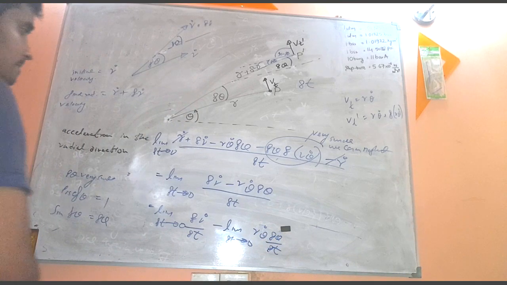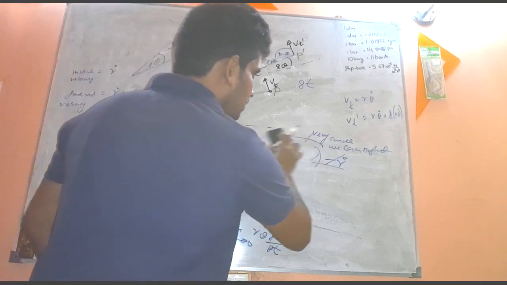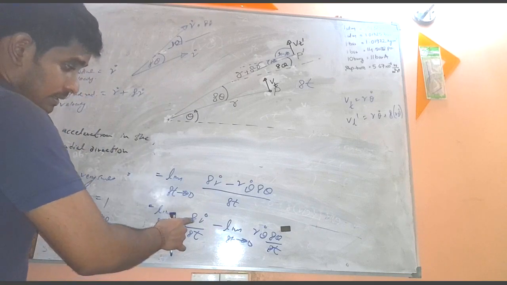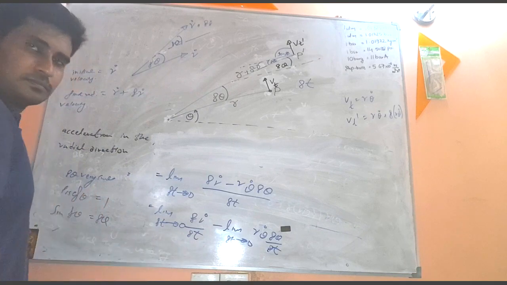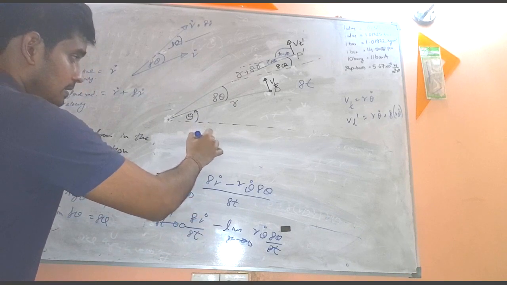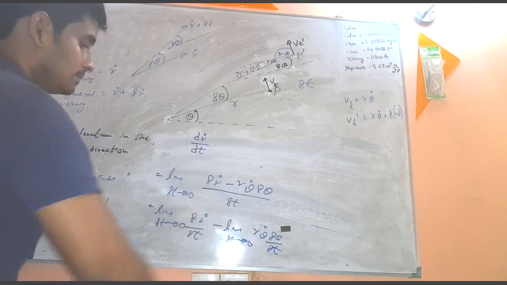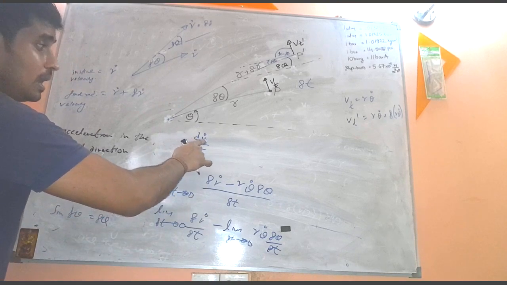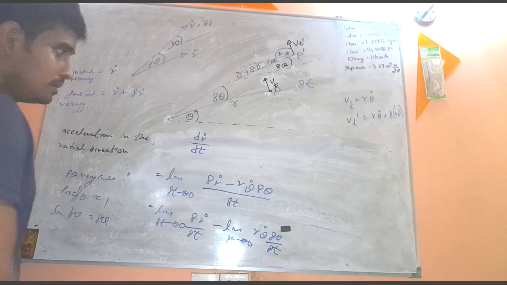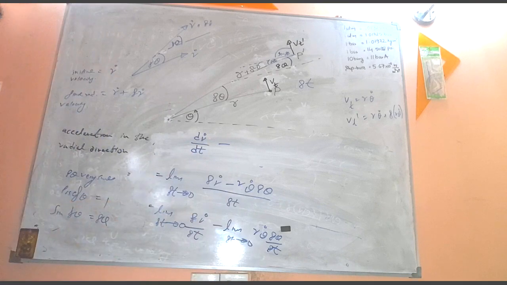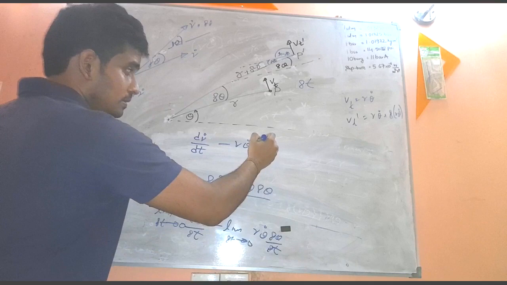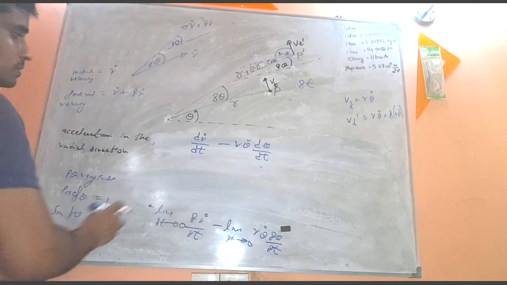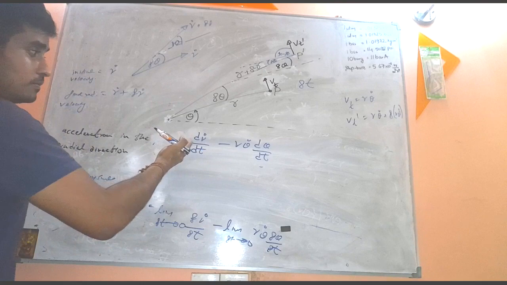Now delta r dot divided by delta t we can write as the derivative dr dot by dt, minus this one we can write as r theta dot times d theta by dt. What is r dot?